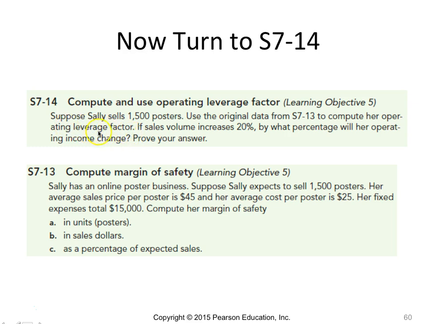So we're going to find out the operating leverage factor, which is the contribution margin divided by the operating income. So we're going to find out if the sales volume increased 20%, by what percentage will her operating income change? Prove your answer.